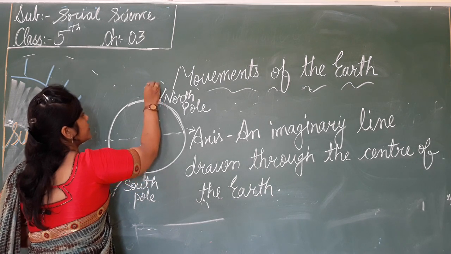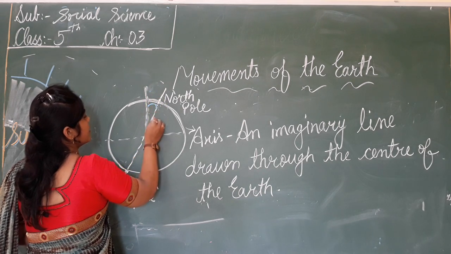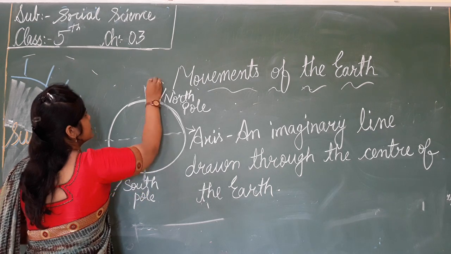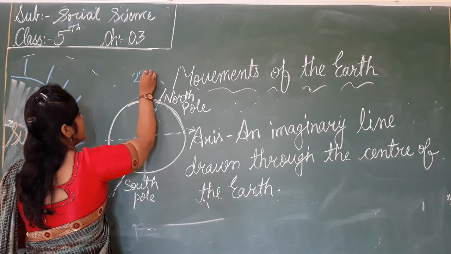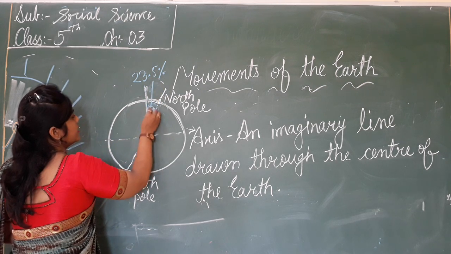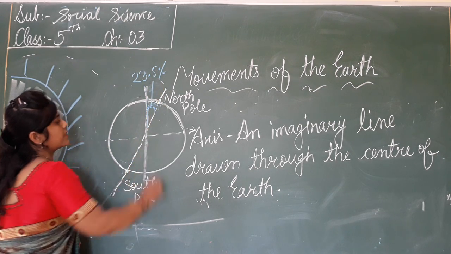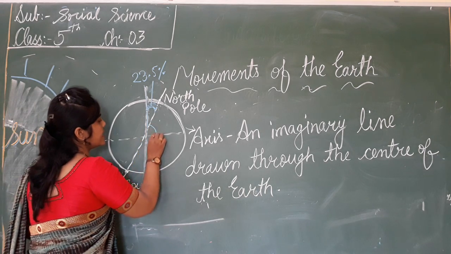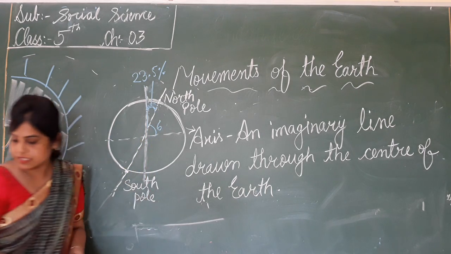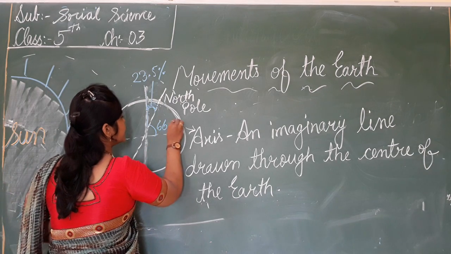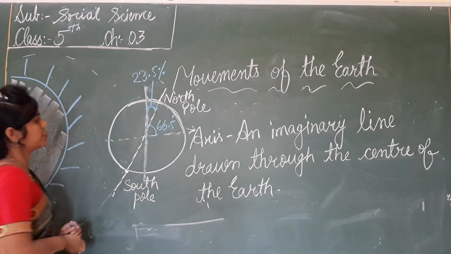That is 23 and a half degrees. And this is the 66 and a half degree angle the earth makes.